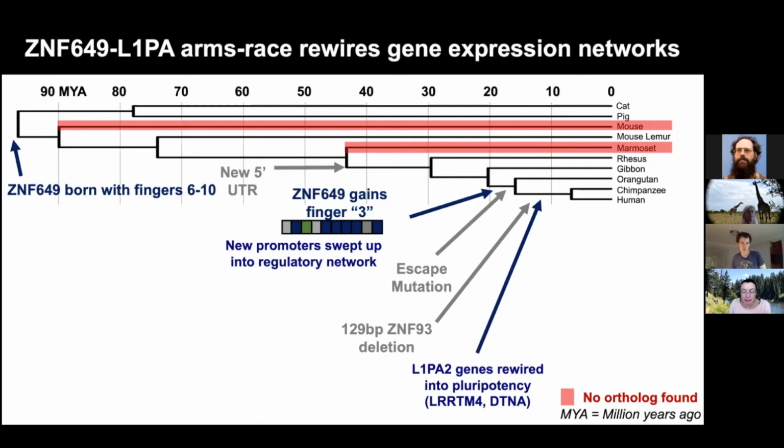And by virtue of L1PA2 jumping around the genome, we have new genes that seem to have been pulled into this pluripotency gene regulatory network. And it seems that this has now been selected to help them repress differentiation.